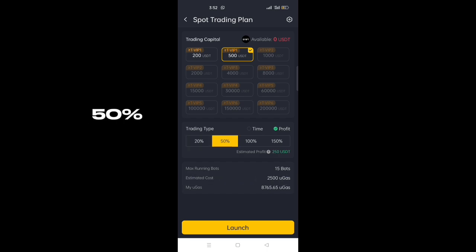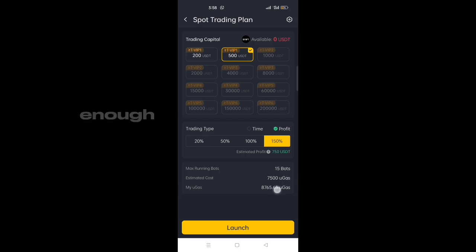If you select 50% as estimated profit, the bot will use 2500 gas to run the trades. If you select 100% as estimated profit, the bot will use 1000 gas to run the trades. If you select 150% as estimated profit, the bot will use 7500 gas to run the trades.